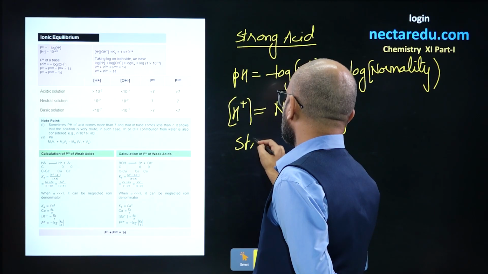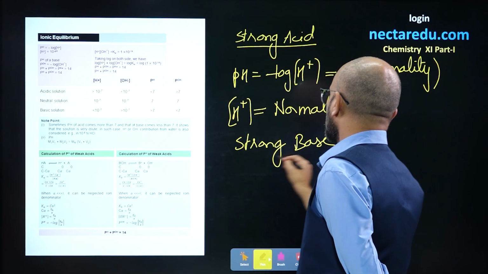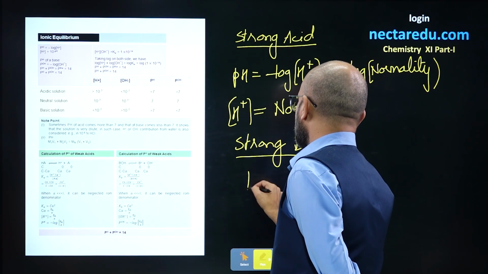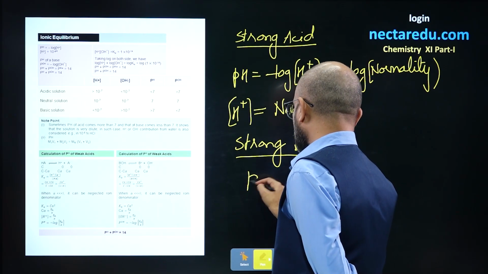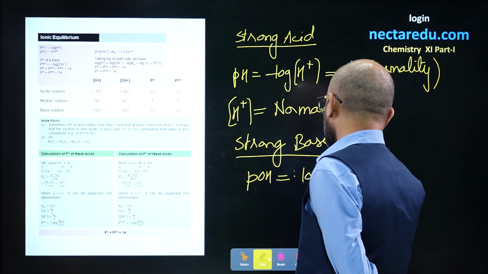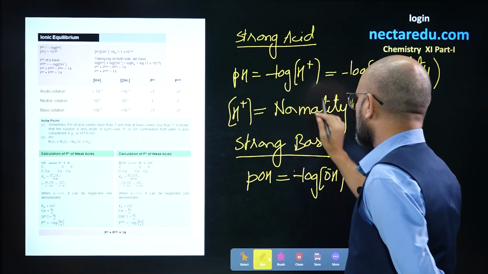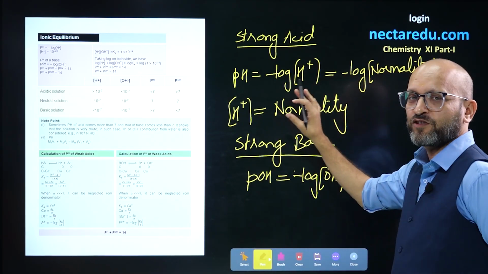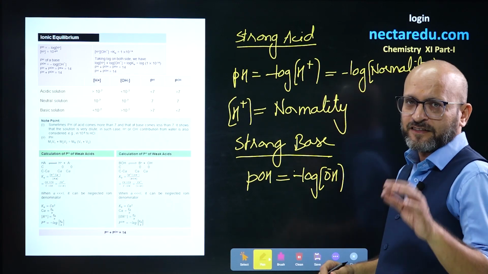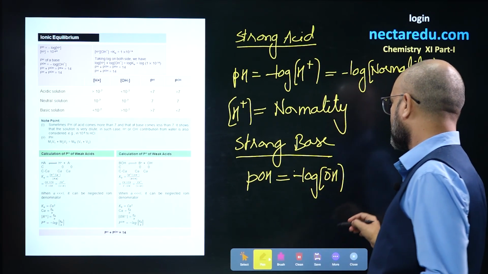For a strong base, how are you going to calculate pH? You won't calculate directly. Initially, we'll calculate pOH. This will be negative log OH minus concentration. As H plus concentration for an acidic solution is represented by normality, similarly, normality of a basic solution will represent OH minus concentration.